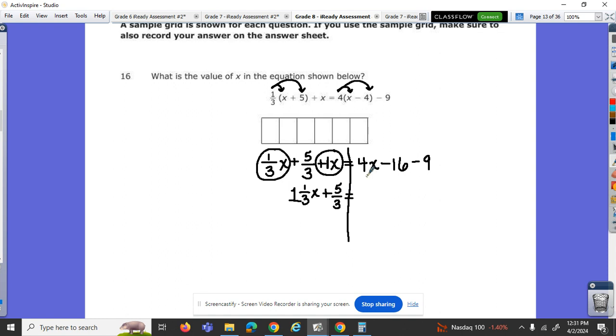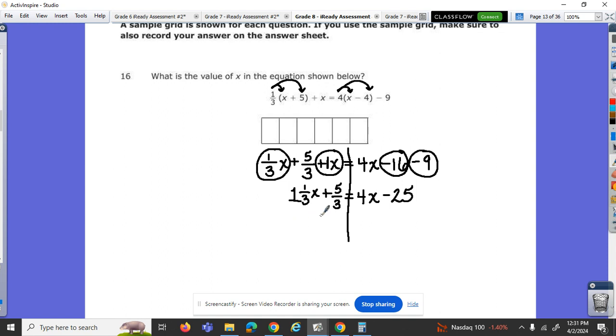Okay, then on this side, I've got 4x, but I can clean up my constants here. -16 minus 9, which is -25. Remember, we now have our calculator to help us if you need to double check anything as you go through, and you'll see me kind of do that in this video today.